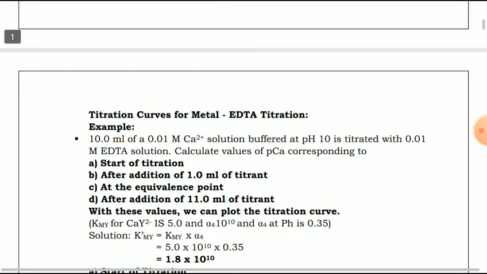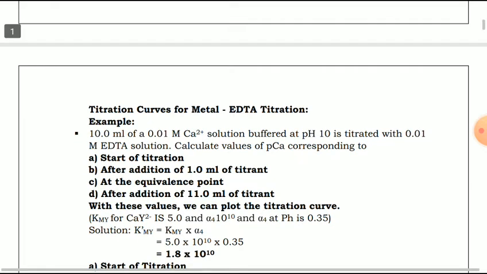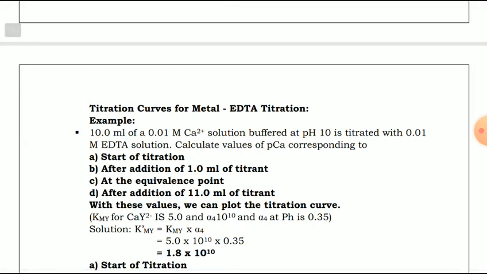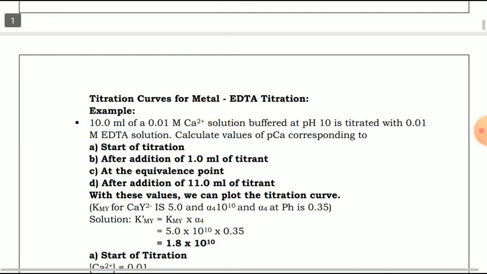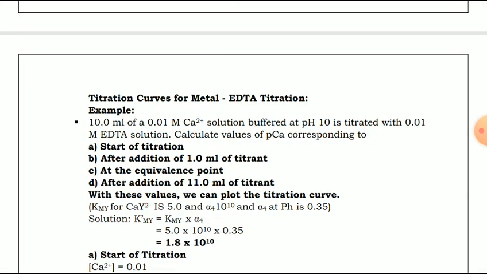Now our first step, the start of titration. When we start this titration, into the conical flask we are going to take 10 ml of 0.01 molar calcium 2+ solution, and that will be buffered by addition of pH 10 buffer solution, and into the burette we are going to fill the 0.01 molar EDTA solution. Now the concentration of the calcium 2+ ion is 0.01 molar.